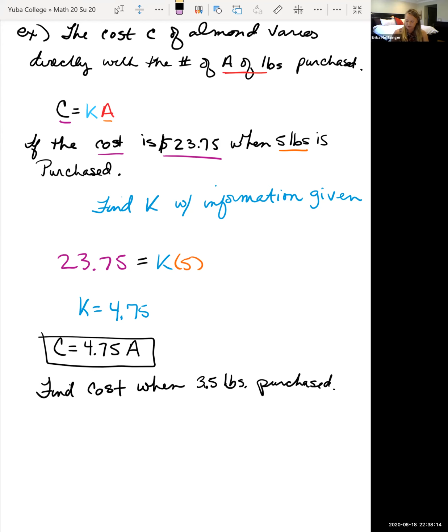So if we're trying to find that cost, well, that's just C equals, well, that 4.75, it's actually talking about the cost per pound, right? So 4.75 times our 3.5 pounds. So our cost is going to be $16. And so this gives me 0.625, but it doesn't make sense in terms of cents. So that 5 is going to round that 2 to a 3, so 63 cents. Now I'm going to change that to an approximate sign because I approximated in there.